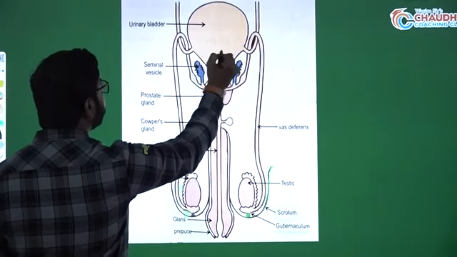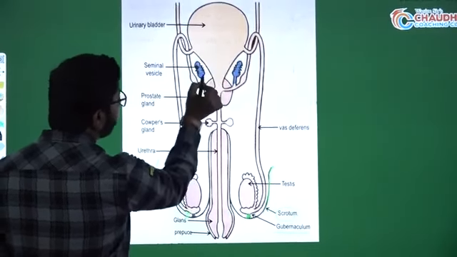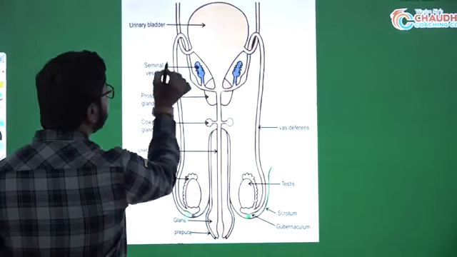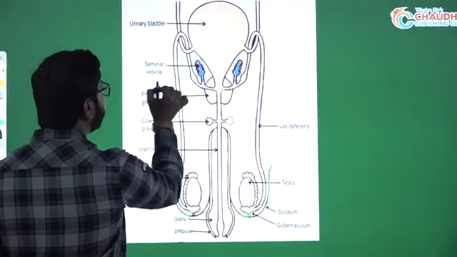This is the urinary bladder. Urine is accumulated in this particular space. And this gland, represented by blue color, is the seminal vesicle gland.